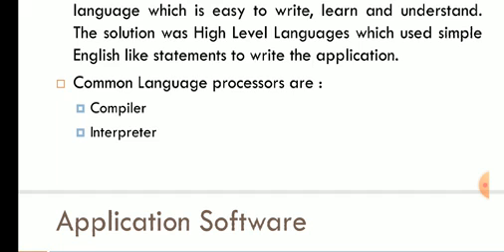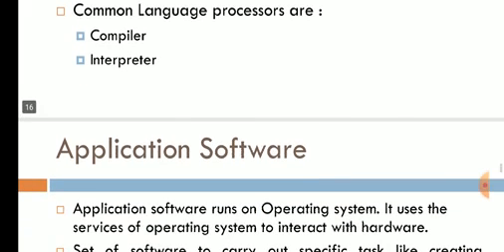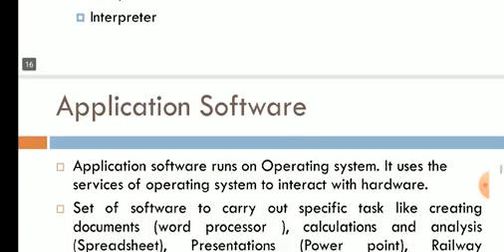It does not take the whole program, and if any error is present, then and there it provides the error and we can rectify it. But in a compiler it is not like that. It converts the whole program, and if any error is present, it is reported for the whole program. That is the difference between compiler and interpreter. Both are called language processors.